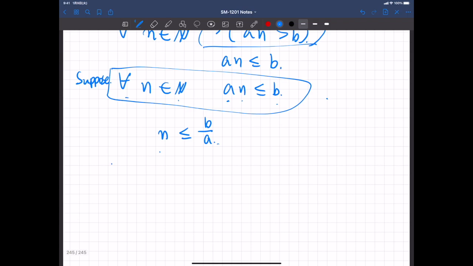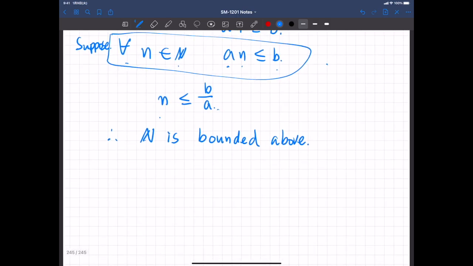So therefore, this set of natural numbers is bounded above. Okay, so according to the continuity axiom, so by the continuity axiom, there is a supremum, right?